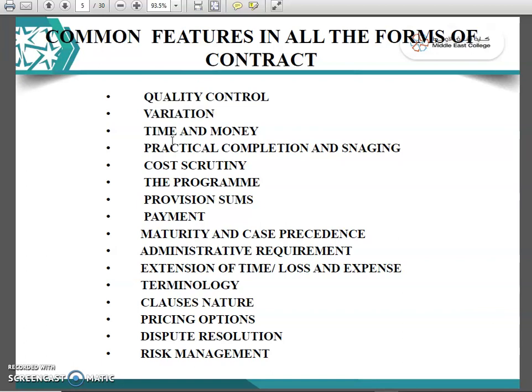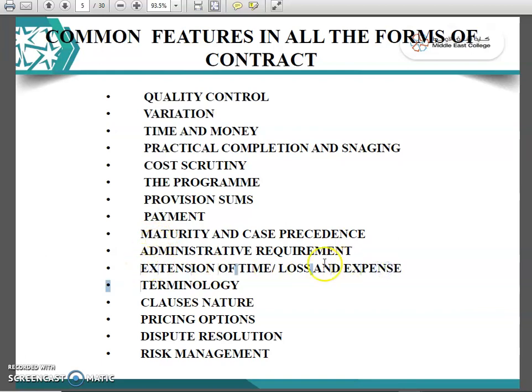Let us go through important features of any contract document, such as quality control, variation, time and money, practical completion, cost scrutiny, program, provisional sums, payment, maturity and precedence, administrative requirements, extension of time. This is a very important one.